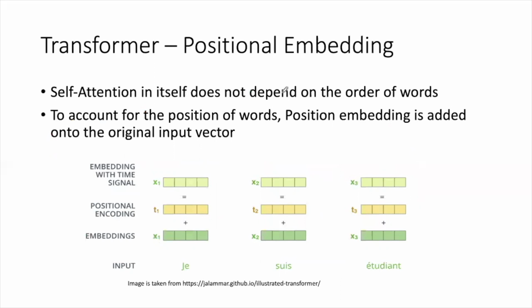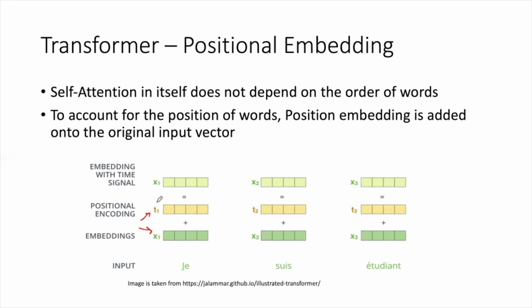There are different ways in which position embedding vectors are derived. What this position embedding does is, for the input representation x1, let's say, we add the position embedding corresponding to the position at which x1 is present. Here x1 is present at the first position, so there is a fixed position embedding t1.